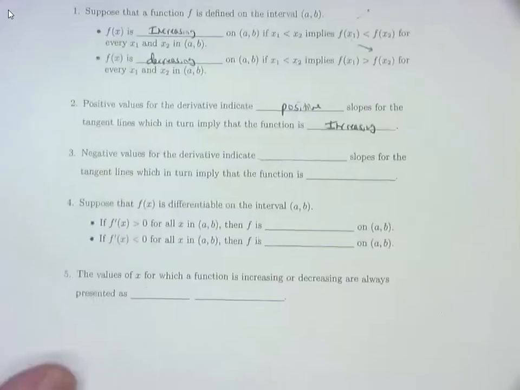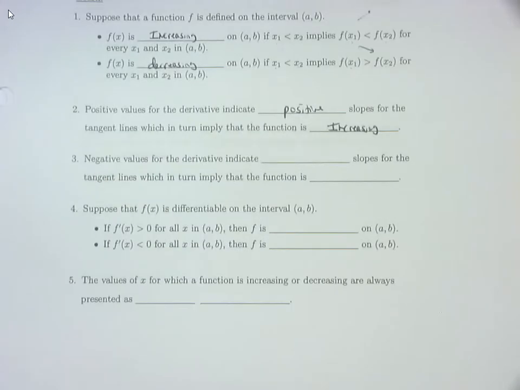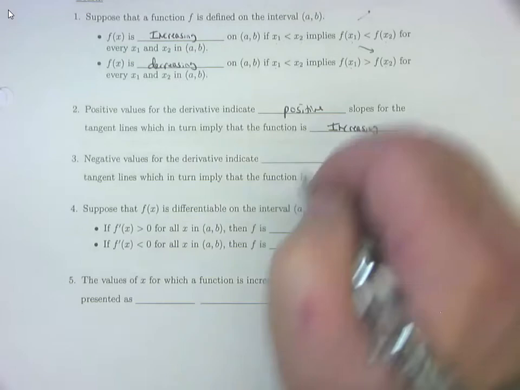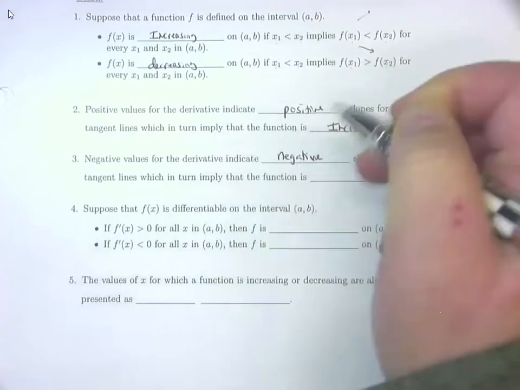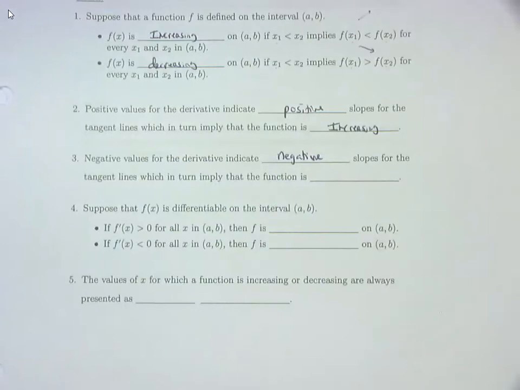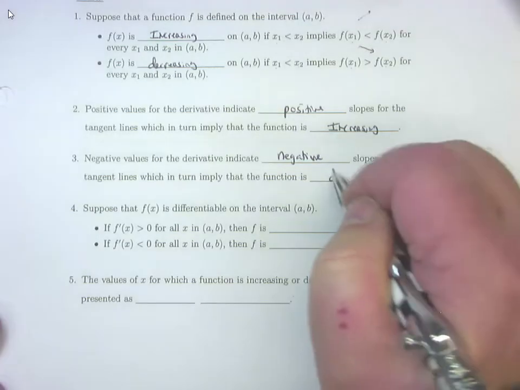Negative values for the derivative indicate a negative slope. Because remember, the derivative is the slope of the tangent line, so just kind of tying those two concepts together. So negative values for the derivative indicate you have a negative slope for the tangent lines, which in turn imply that the function is decreasing.